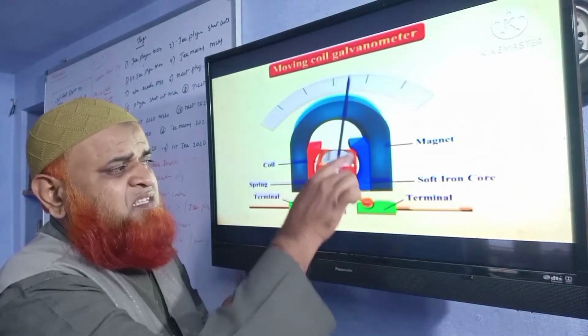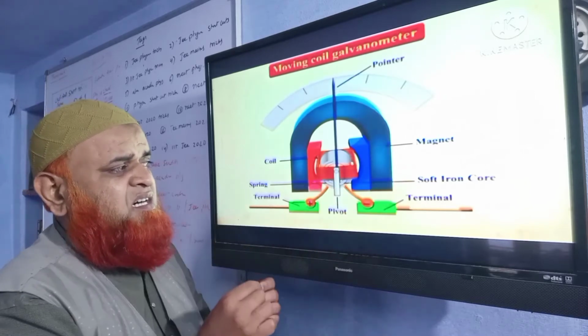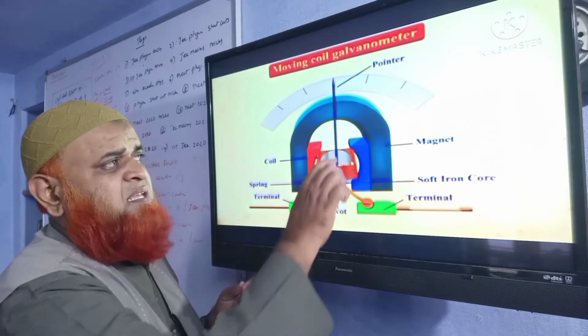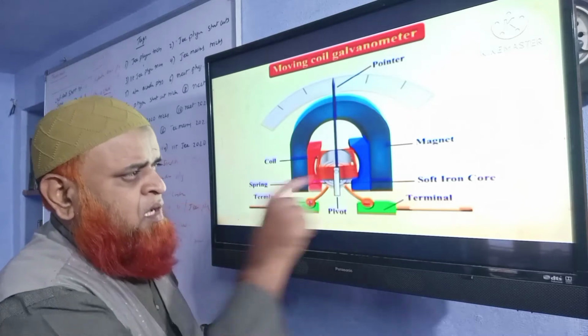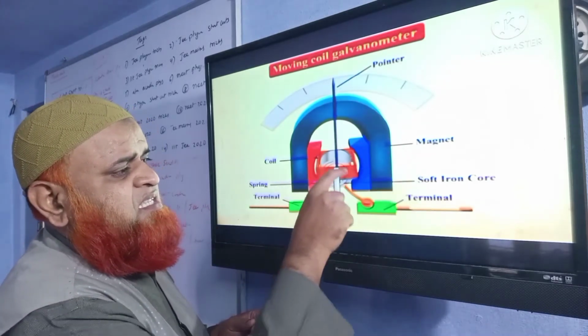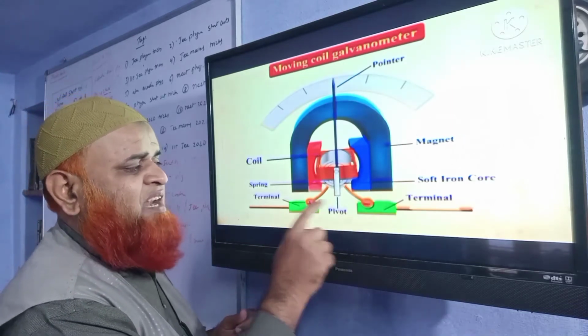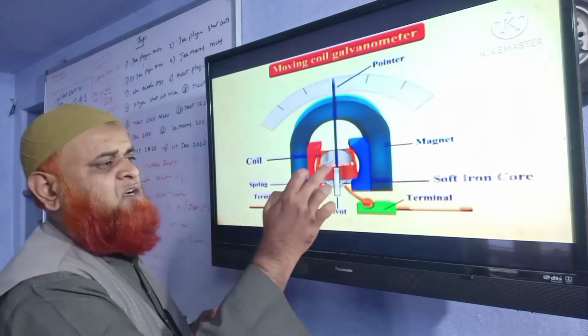Once the current passes through the coil, which is a rectangular coil having n turns, and there is a pointer present here. This is the north pole and south pole magnet, and these are circular rings. These are the terminals, positive and negative, and the coil is present here.